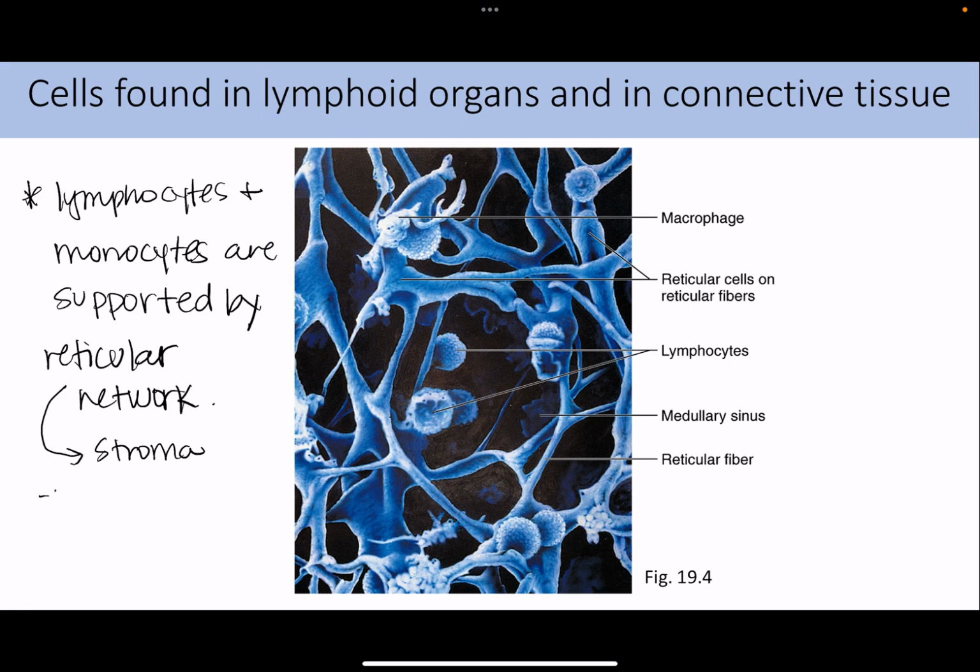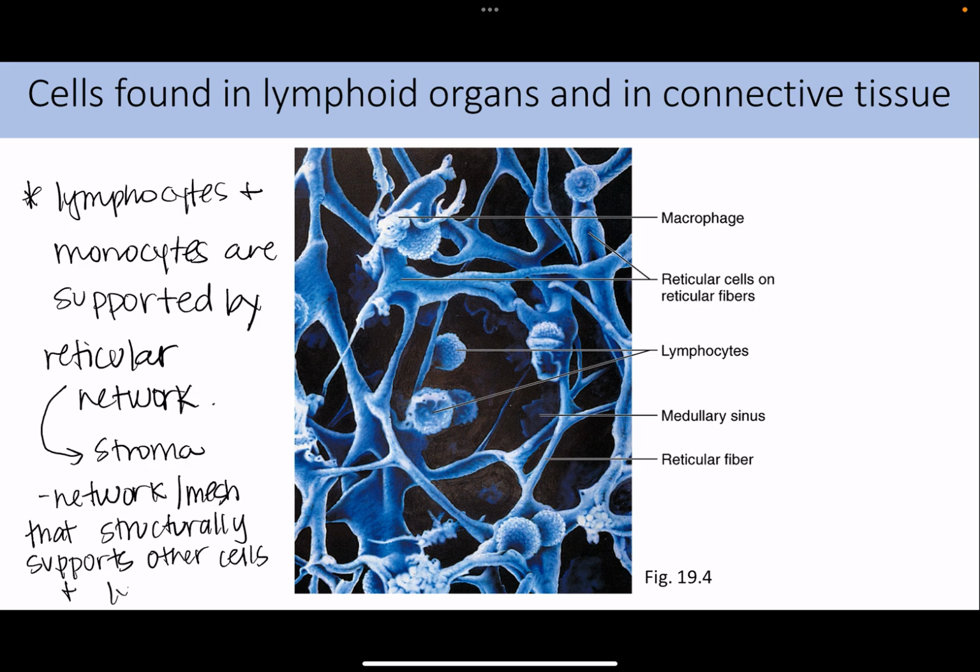is a network or mesh that structurally supports other cells in lymphoid tissue.